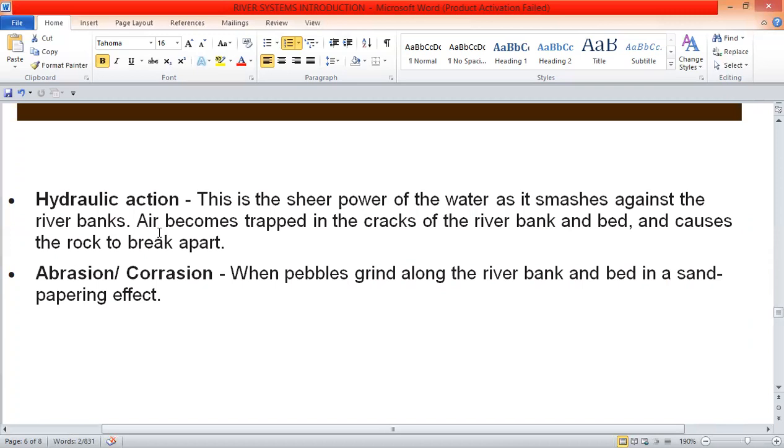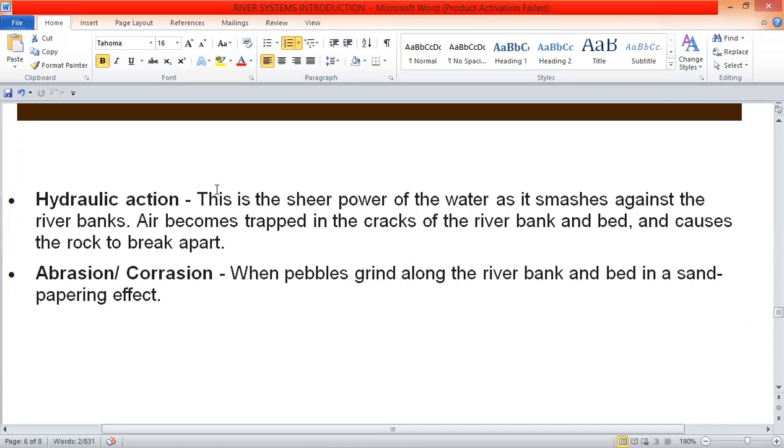Even air becomes trapped in the cracks of this river bank and bed and causes the rock to break apart. It breaks the rocks apart as the water splashes hard on the walls. The loose rocks will be removed from the wall. Okay, I hope you understand that one.